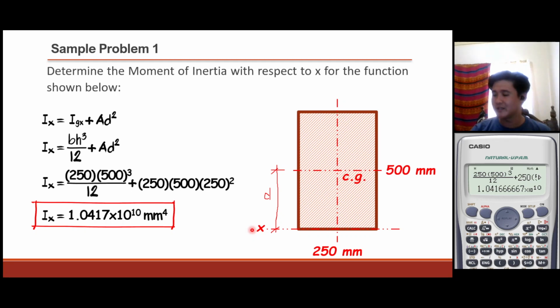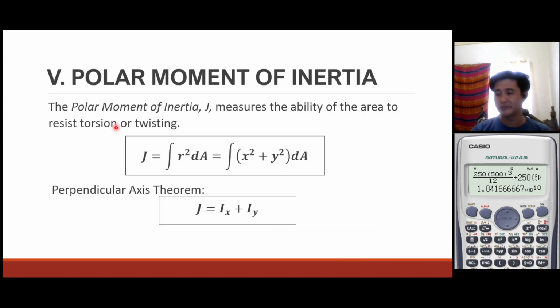In many cases, especially in steel design, you will be getting the moment of inertia of built-up beams, and you will often use this transfer axis theorem. A common error in finding the moment of inertia is forgetting to add the transfer axis term AD squared.